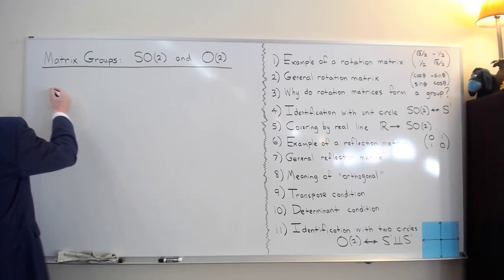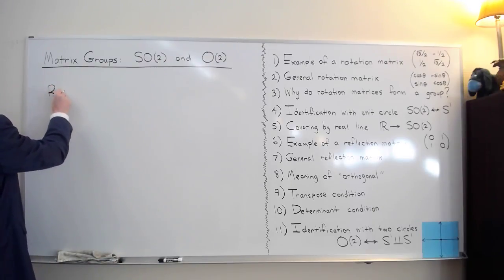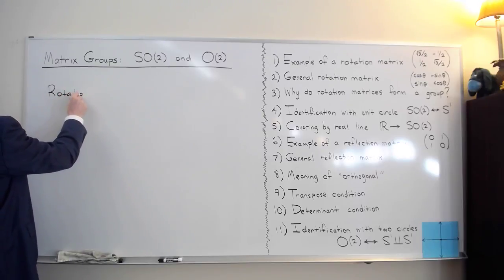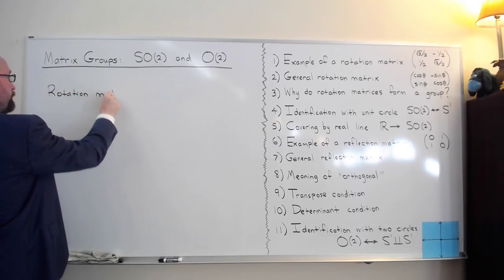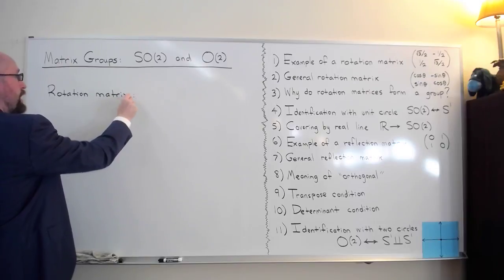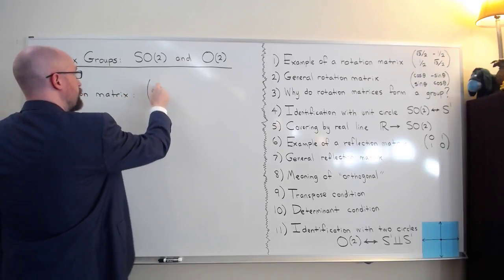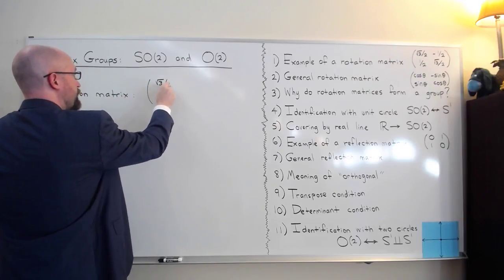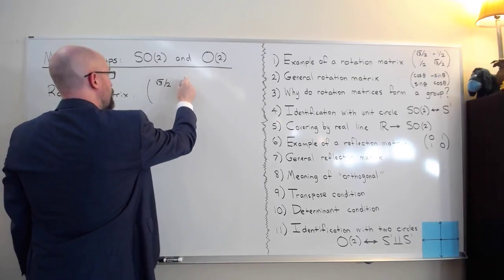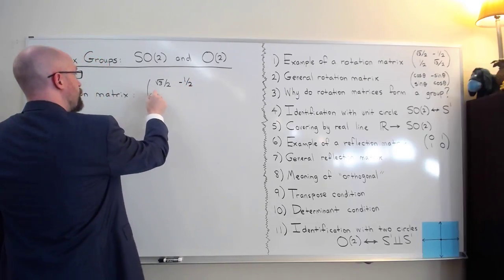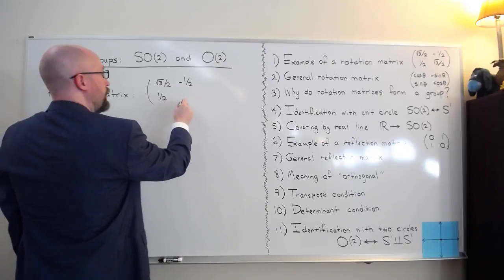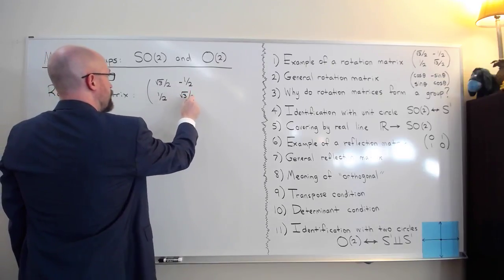Okay, so we're going to look now at this particular rotation matrix, and I'm going to just copy it here so you're looking at it in the same place. So there's a square root of 3 over 2 here, and then there's a minus 1/2, there's a 1/2 here, and then there's a square root of 3 over 2 here.